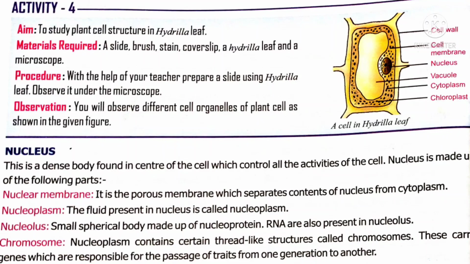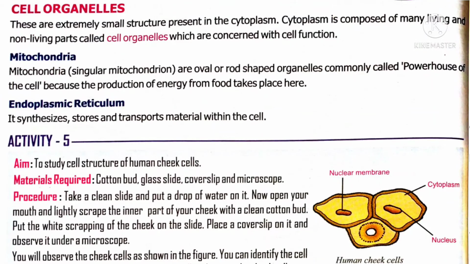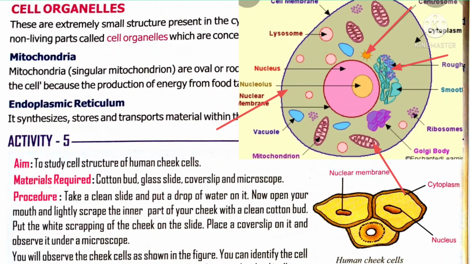Next comes cell organelles. That is, cytoplasm is composed of many living and non-living parts called cell organelles. Where is cytoplasm present? It is a region around or between the nucleus and cell membrane. The first organelle is mitochondria, a rod-shaped organelle which is present in cytoplasm.